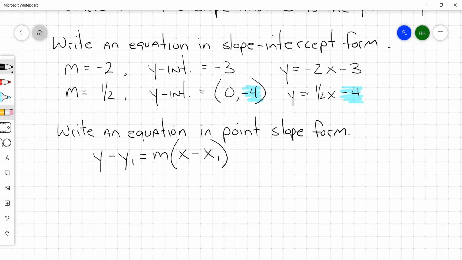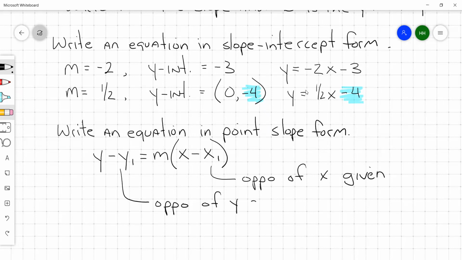All right, so if you have to put a little note to yourself, this is going to be opposite of x given, and this is opposite of the y value given.